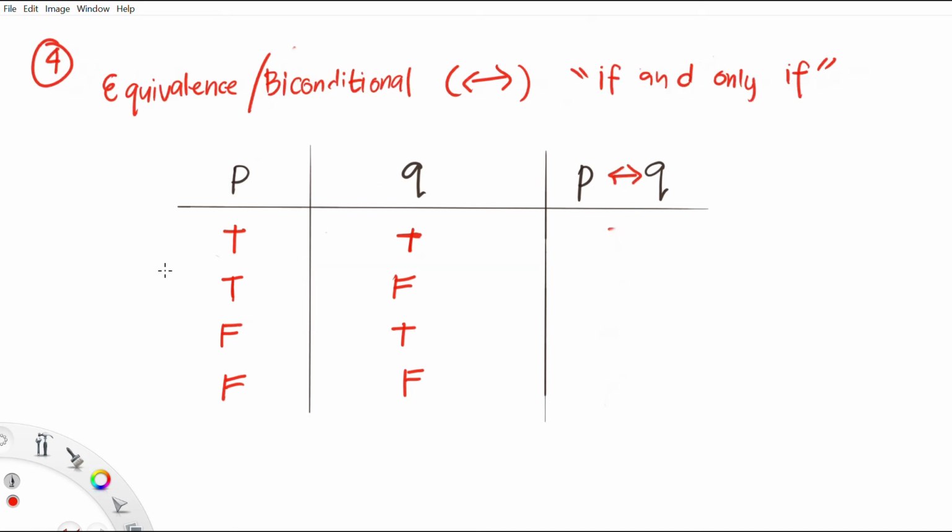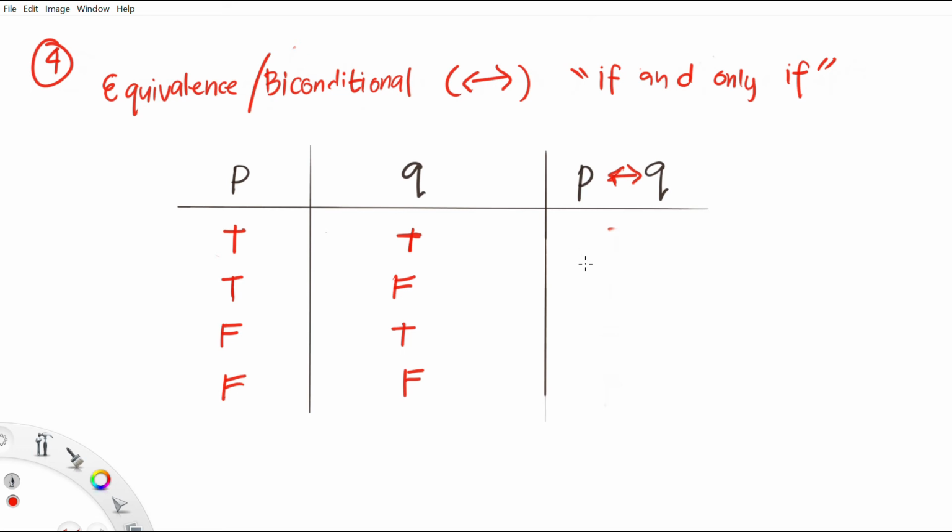The fourth connective is the equivalence, also known as the biconditional proposition. Its connective is commonly known as if and only if. Its symbol is two arrows facing towards both sides, left and right. This proposition is a result of combining two propositions in the form if and only if.